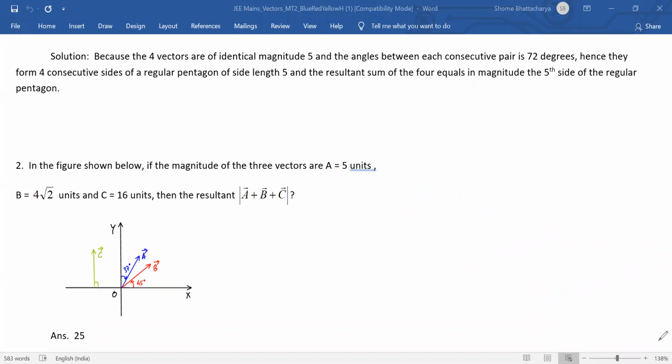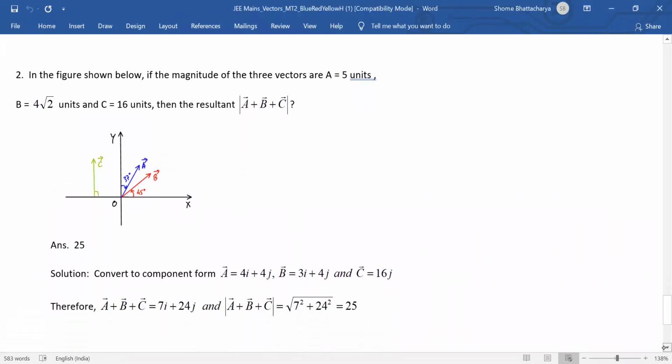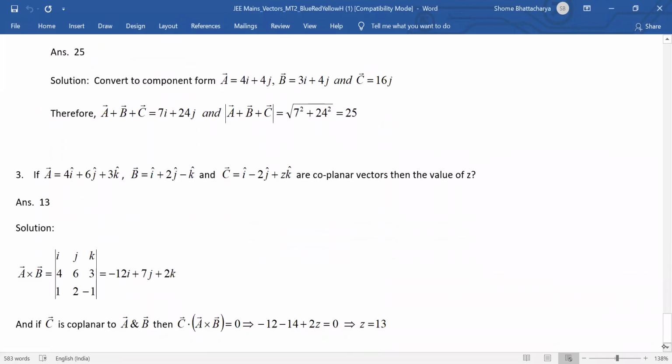Okay. So any other question pending now? This last one, this coplanar condition one is done.